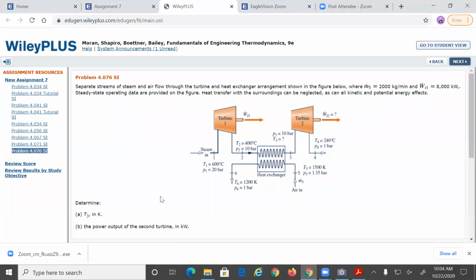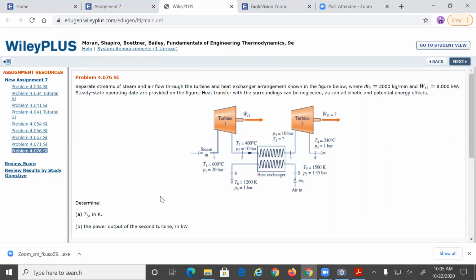Okay, so in the data, they give us the work of turbine 1, and they give us M5, the mass flow of the air, equal to 2000 kilograms per minute. Steady state, heat transfer with the surrounding can be neglected, so basically Q is 0.